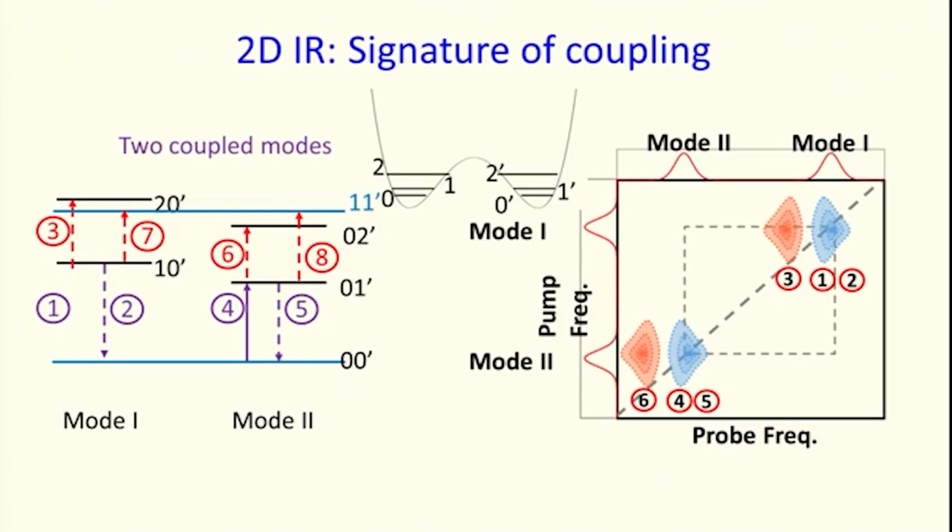In addition to pathway 2 and pathway 3, the other pathway that is available is this, right, because what the pump has done is that the pump has populated the 1 0 dash state. Now the probe, if the frequency is right, can bring about a 1 0 dash to 1 1 dash transition, that is a transient absorption. So we expect a positive going signal.